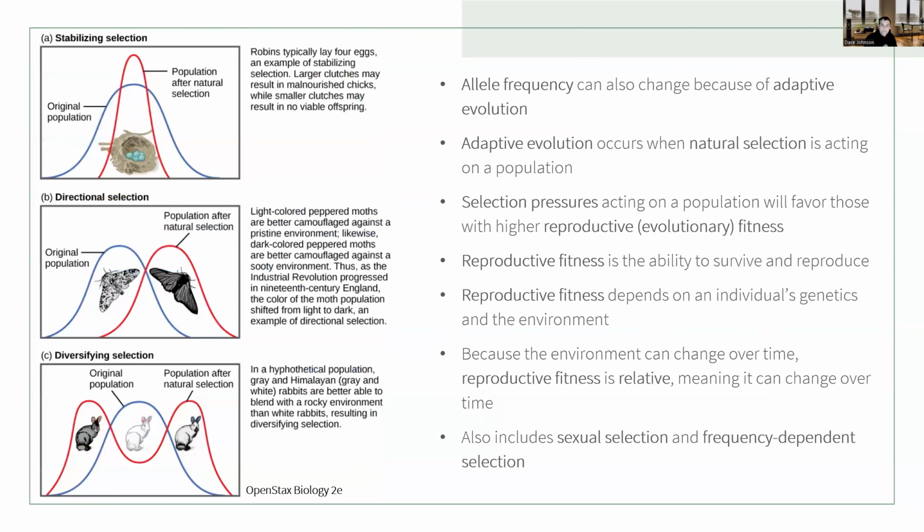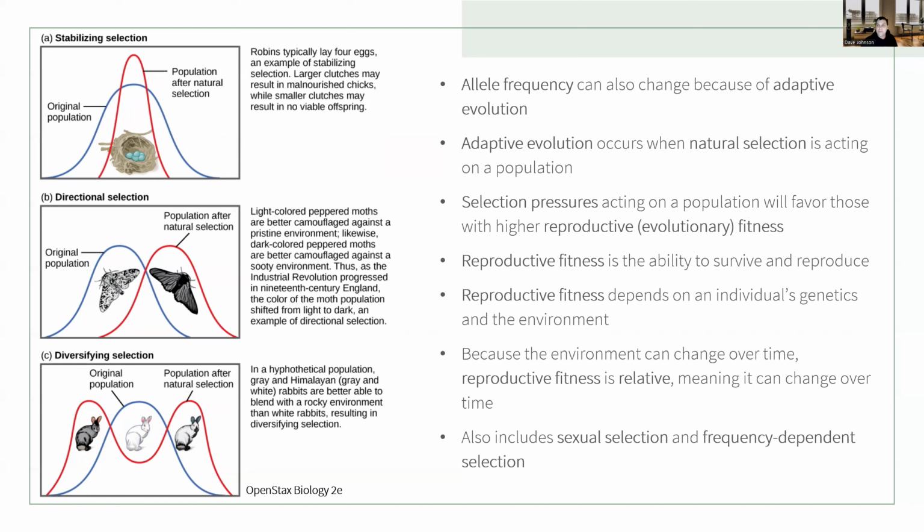But what if natural selection is the culprit, as is so often the case? Well, we call this adaptive evolution, because this is evolution in response to natural selection. As you hopefully know from some of my other videos, natural selection is the only mechanism by which adaptation can occur.